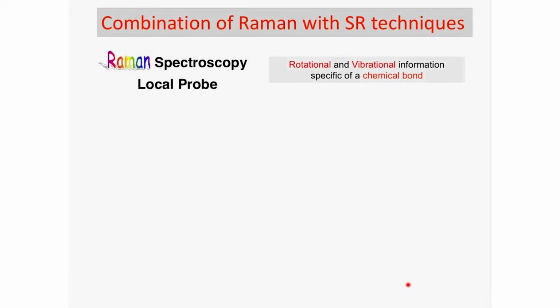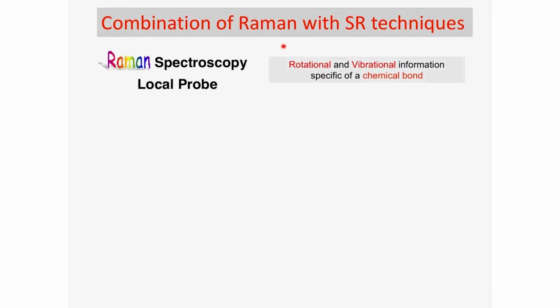Now, dealing with the combination of synchrotron radiation-based techniques with Raman. First, Raman. Raman is a well-known laboratory local order technique which provides rotational and vibrational information which is specific of a chemical bond.